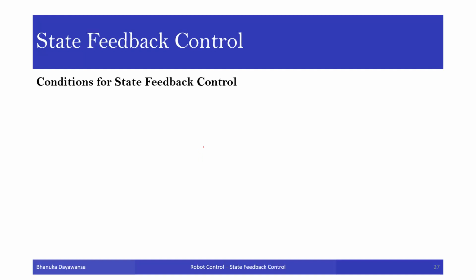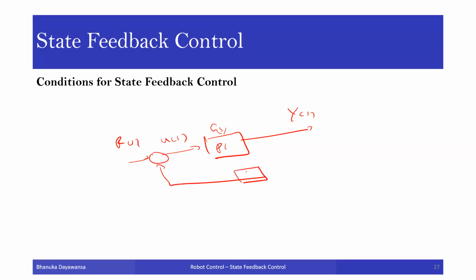So it was something like this, no? You had the plant, say G(s). You get the response, say Y(s). And say we had the control signal U(s) here, and this U(s) is dependent on R(s). This was what you got, right?